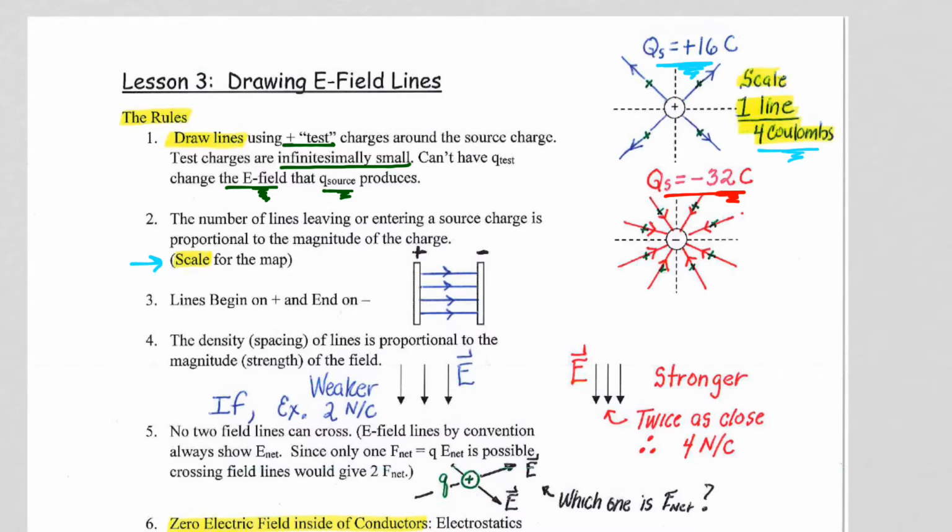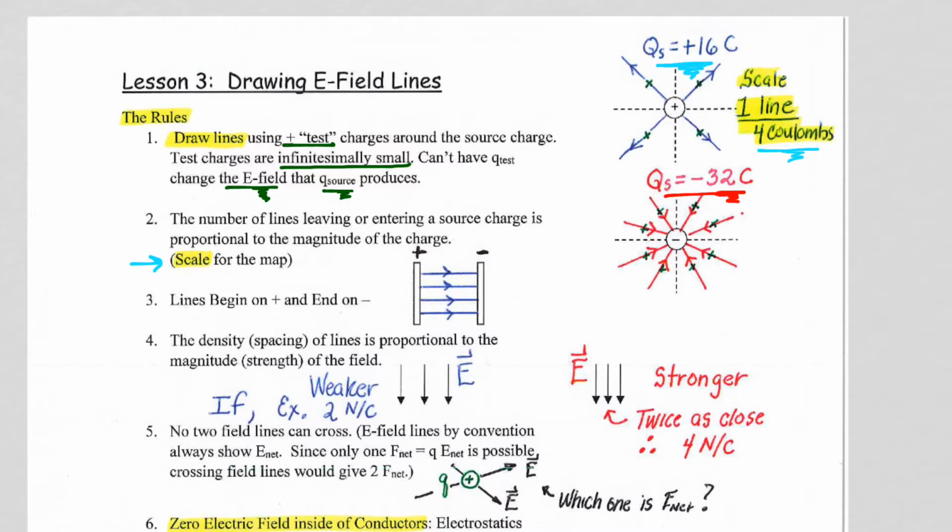So you can see I have my 4 field lines here in the quadrants, but not on axes. Now, when I go to 32, 32 is twice 16, so I have to have twice the number of field lines. So you have to be consistent. The scale is arbitrary, but once it's chosen, if you're going to show other field maps on the same page next to each other, you have to be consistent.